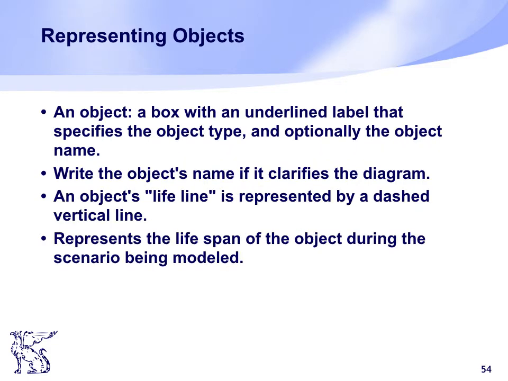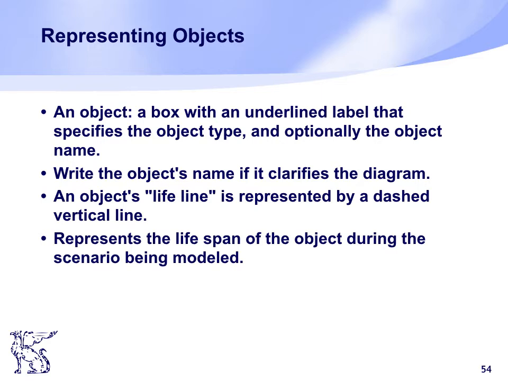So the first one is the participating object, right? You will have objects in your sequence diagram. An object is an individual participant in your sequence diagram, and we already know how to represent objects, as we have learned in the object diagram. Here it's also the same. You draw a rectangle box first, and then give the name of your object, and you underline the name.